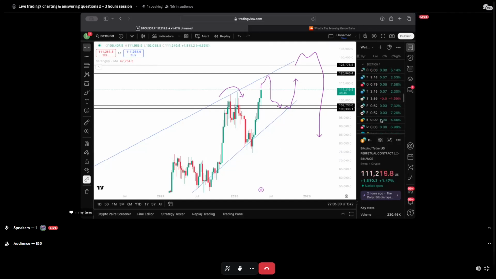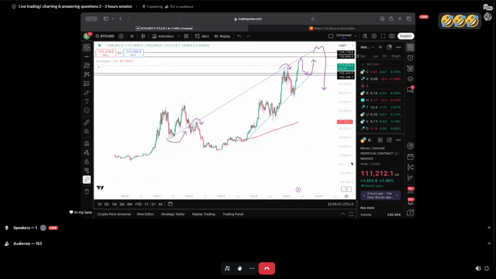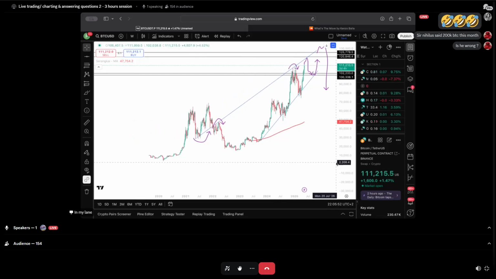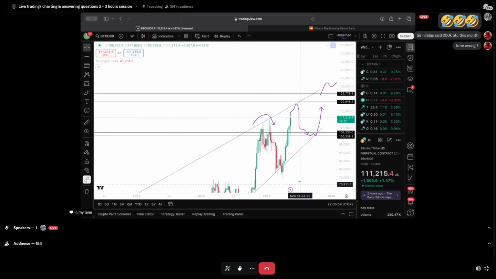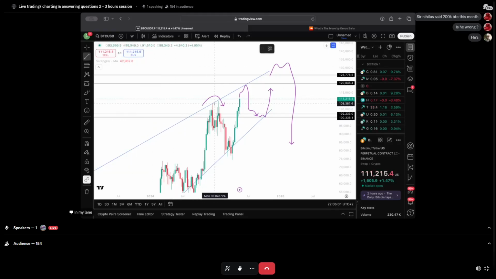It's like very clear, otherwise you're fucking retarded or stupid. But I will share those levels once I'm done. But yeah, no point to be bearish unless we break down.